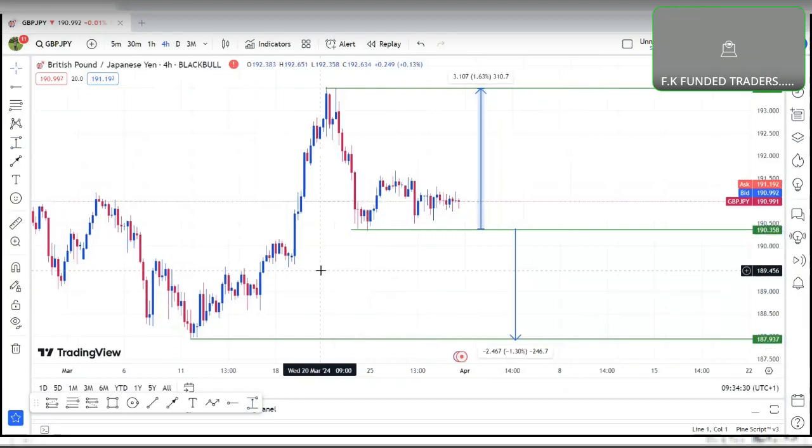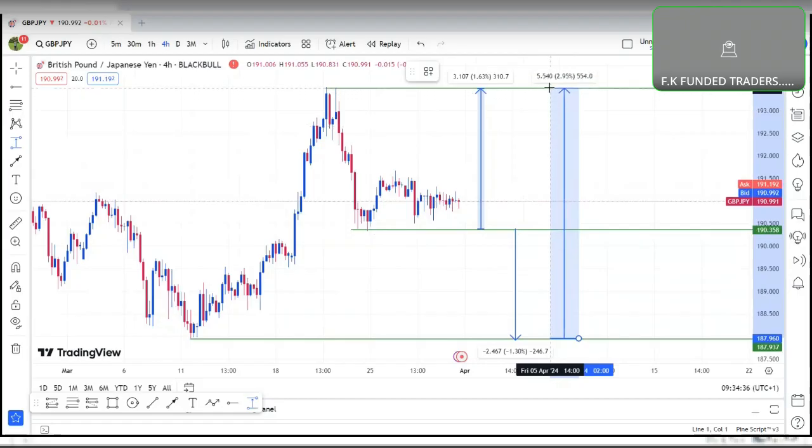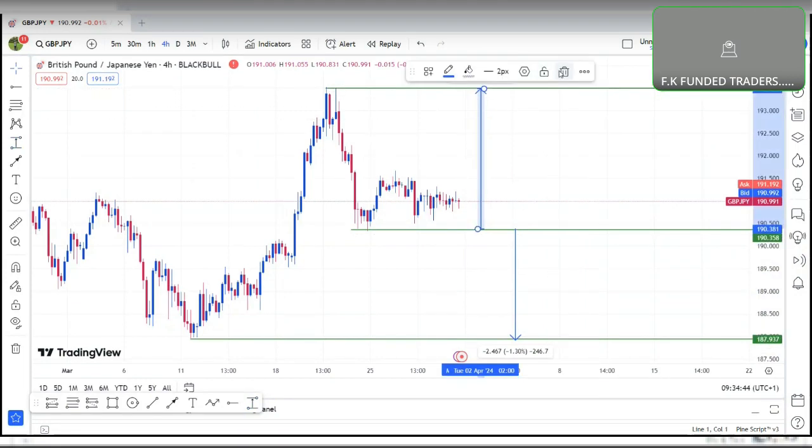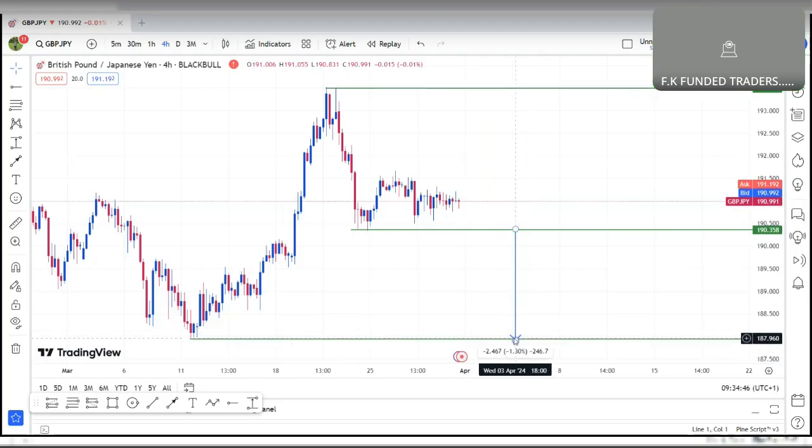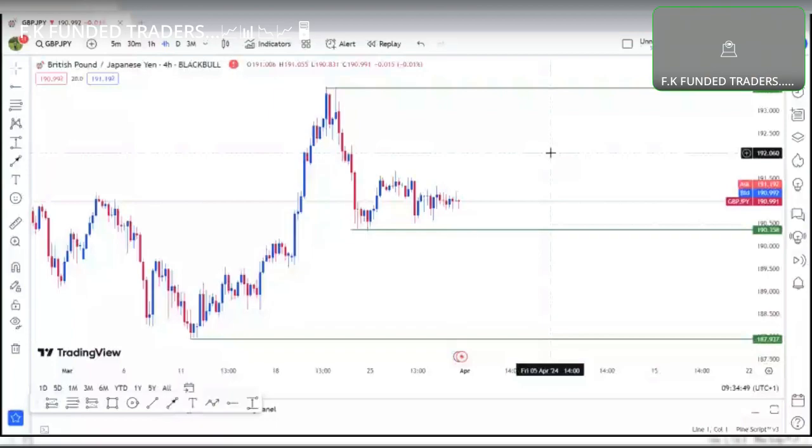Then overall, what we are targeting is around 550 pips. Okay? Are you guys observing? Yes. So those are the targets we have. We are targeting 500 pips, but we are going to deal with the first 300, and then with the other 250.